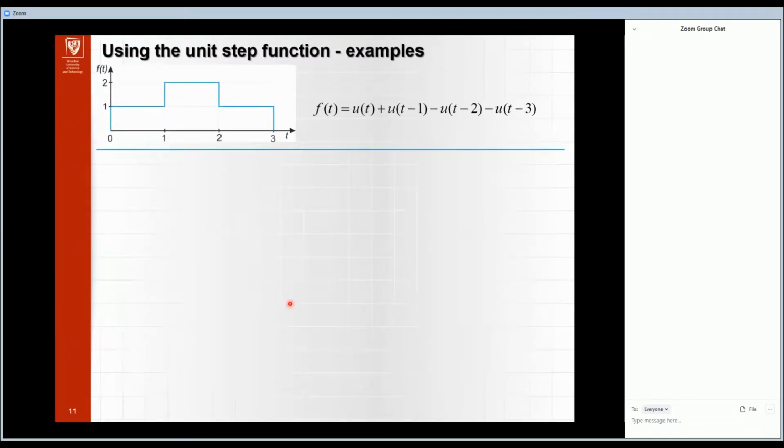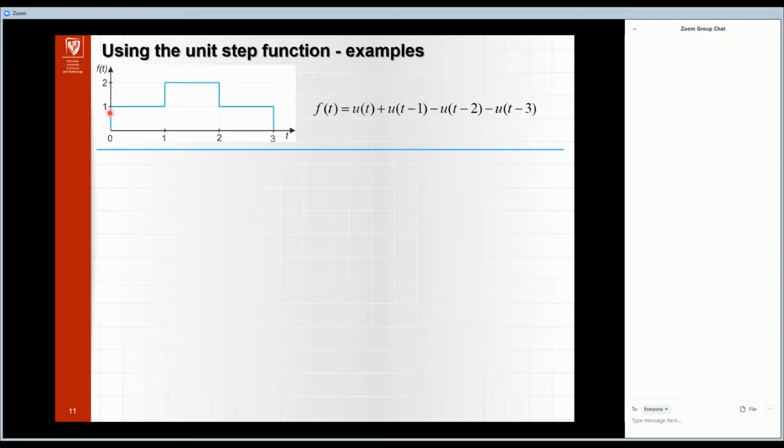Okay, and now we can try to use the unit step functions to describe functions.